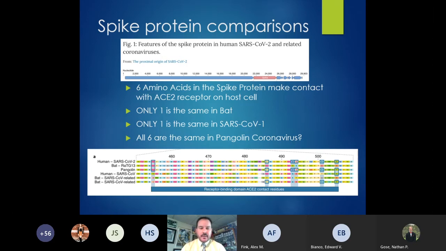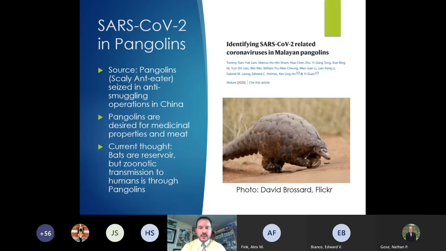And I just saw a paper that came out this morning, so I threw it in here. It is a paper, again coming out of China, where they have found SARS-CoV-2 related coronaviruses in these pangolins. Again, there's a picture of what they look like. They're scaly anteaters. These particular ones they used for the study were obtained in China.